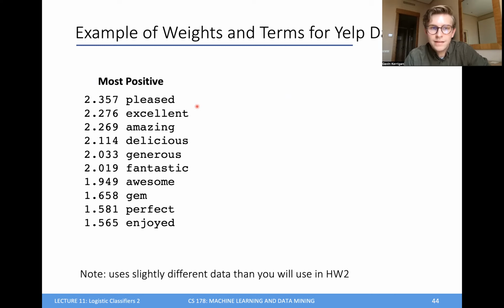So things like pleased, excellent, amazing, and so on, these get very positive weights in my logistic model. What this means is that if I see a review that has the word pleased appearing in it frequently and excellent appearing in it frequently, my model is going to be much more likely to predict that it's a positive review.